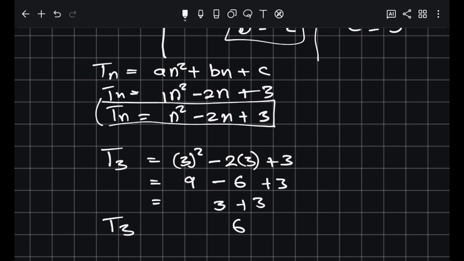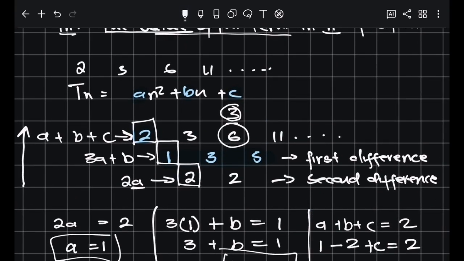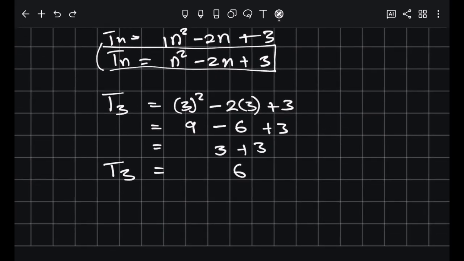So T3 is equal to 6. Indeed, 6 is what we are given here, and it is in position 3. The value of the term in position 3 is 6. So we are correct. We found the general equation that we can use.